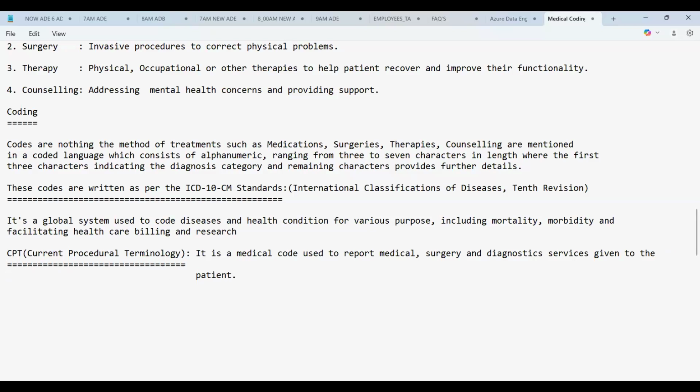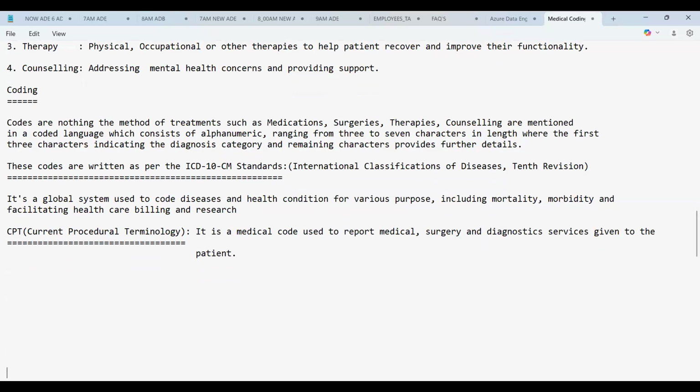Apart from this, what is the other standard we have, guys? The first one is ICD, the second one is CPT, and the third one is HCPCS.